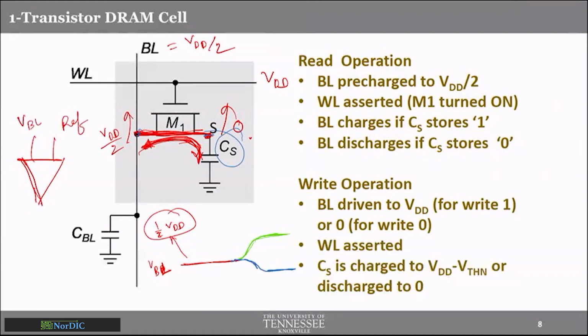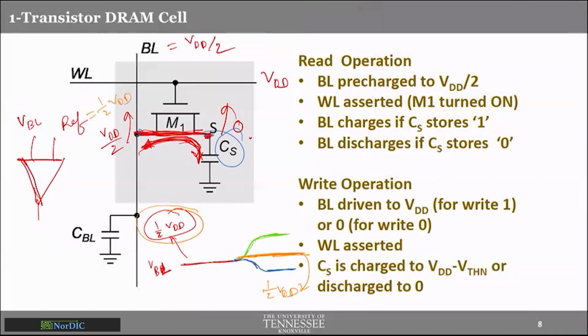Maybe the bit line voltage is our input. So typically we use a sense amplifier whose reference is at, say, half of VDD, exactly what the bit line voltage initially was. Okay, so this is our reference, half of VDD. We provide a reference like this to the sense amplifier.